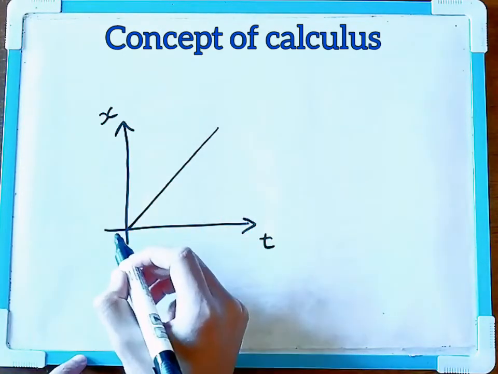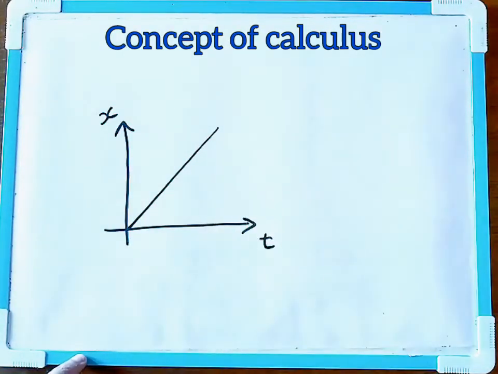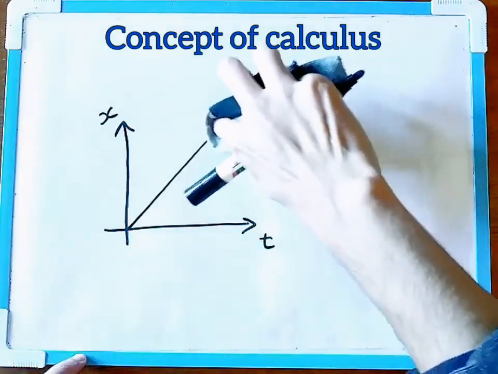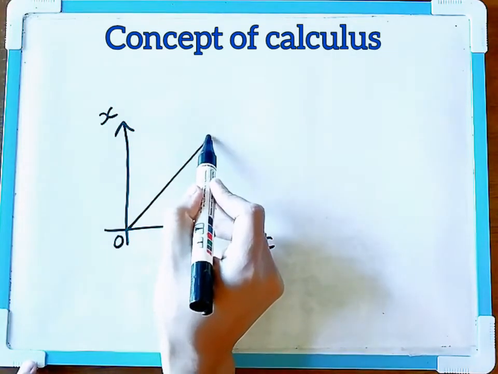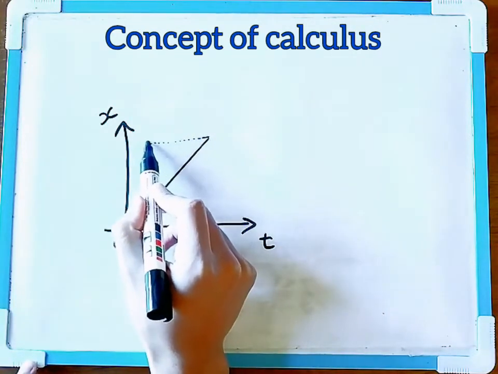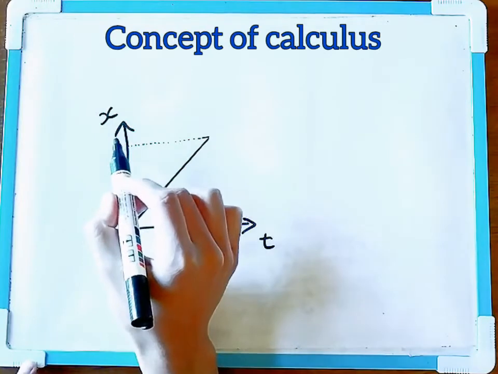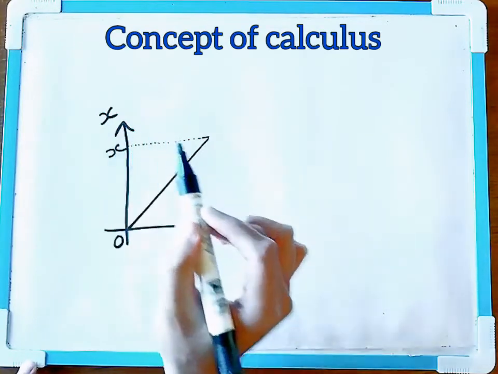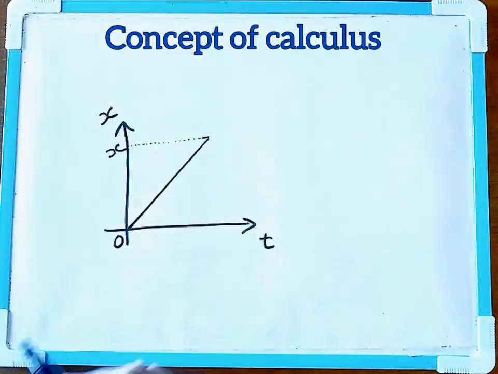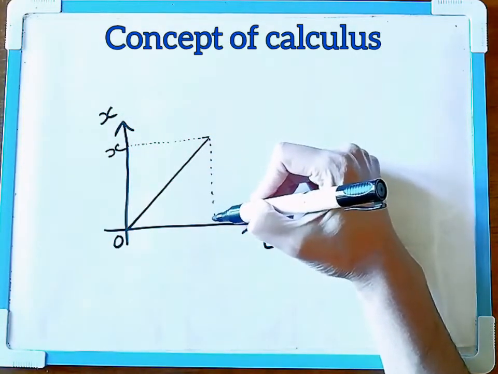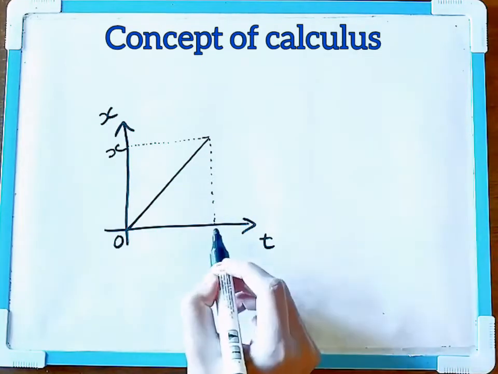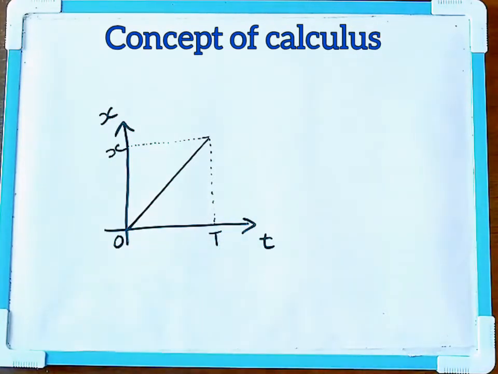So the particle moves from the initial position, which is at 0, to the final position, which is at say x, and the time it takes to cover the distance x is, say, capital T. So this is the position time graph of a uniform motion.